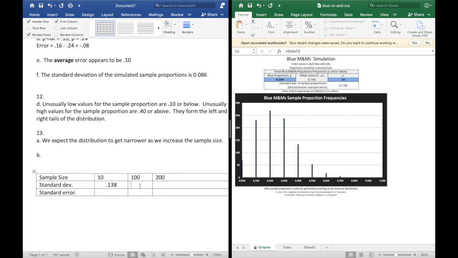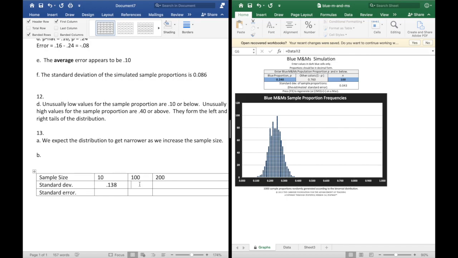Okay. So 0.138. Now, what do you think is going to happen if we increase the sample size to 100? Do you notice that this actually got much, much narrower? What is the standard deviation here? It says 0.043.